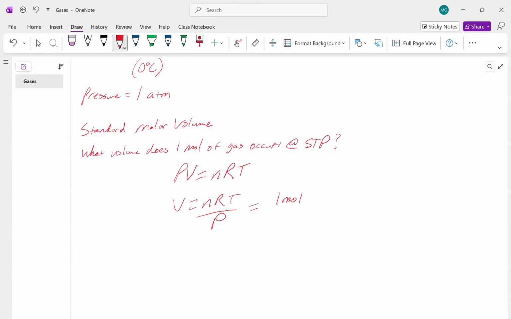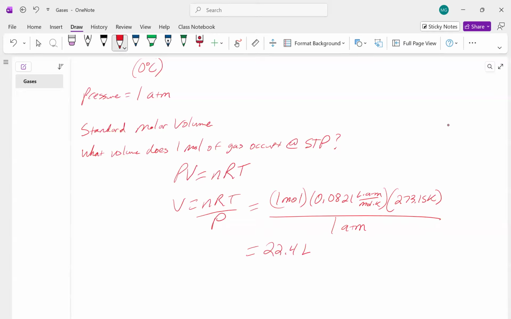So 1 mole of gas times our constant times standard temperature over standard pressure. This comes out to 22.4 liters, and we call this standard molar volume.